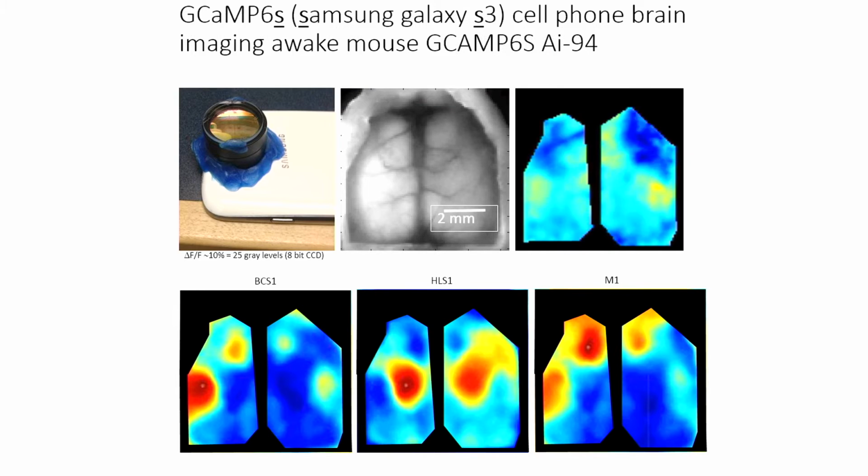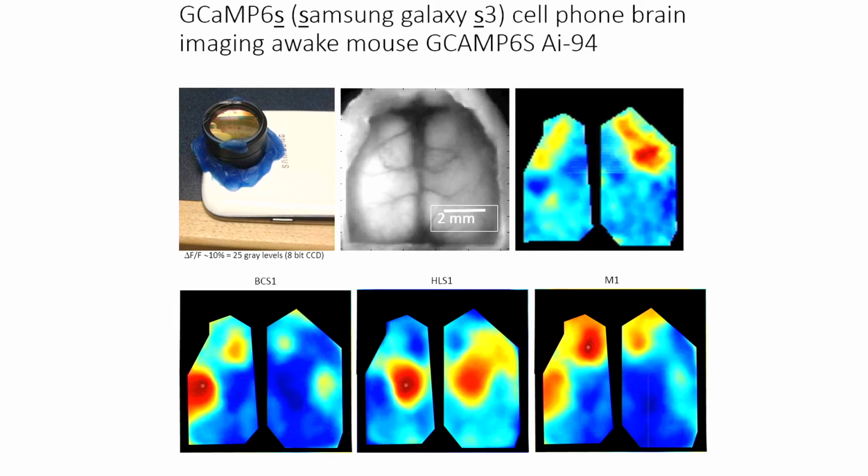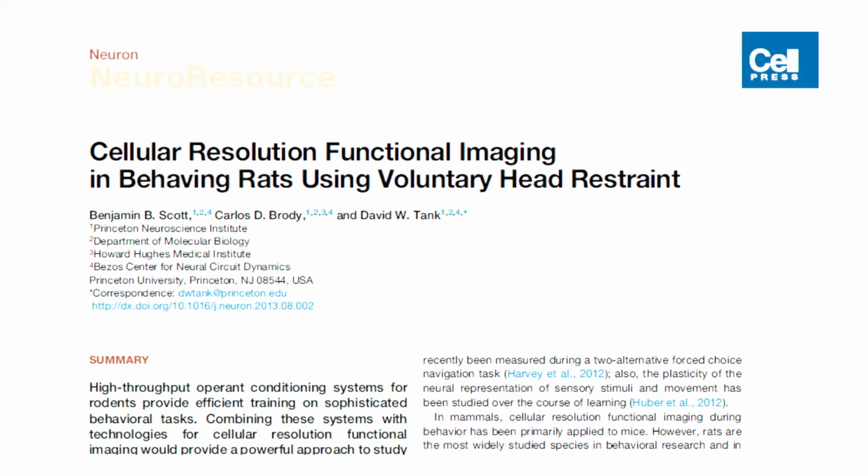Now, we never published that. It's just deemed as fun, not science. But here's the phone. This is spontaneous activity through the phone. And then now this is using statistics to pick out expected relationships between the barrel cortex and motor cortex. So we can get maps with a pretty low-tech sensor.